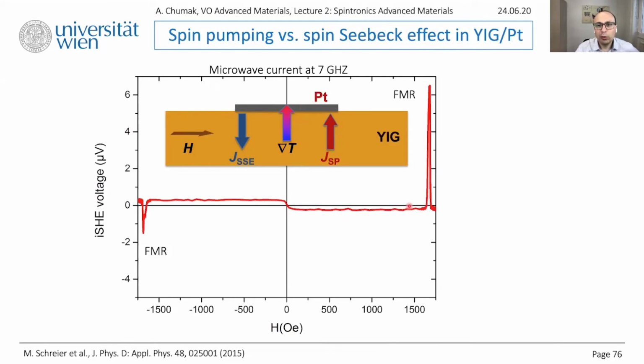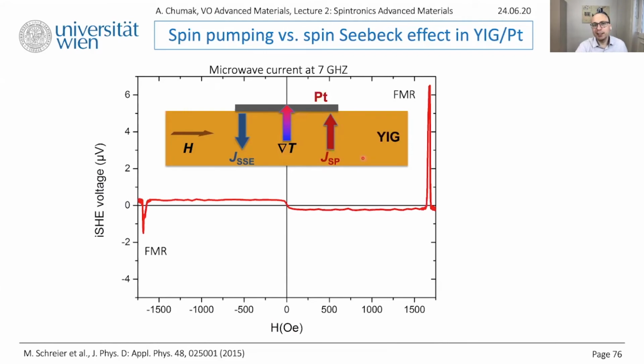So for all these fields here, and for all fields besides resonance, we will create a thermal gradient in the direction that platinum is hot and YIG is cold. And then it also will induce a spin polarized current and also will be measured in inverse spin Hall voltage, like it's shown here.